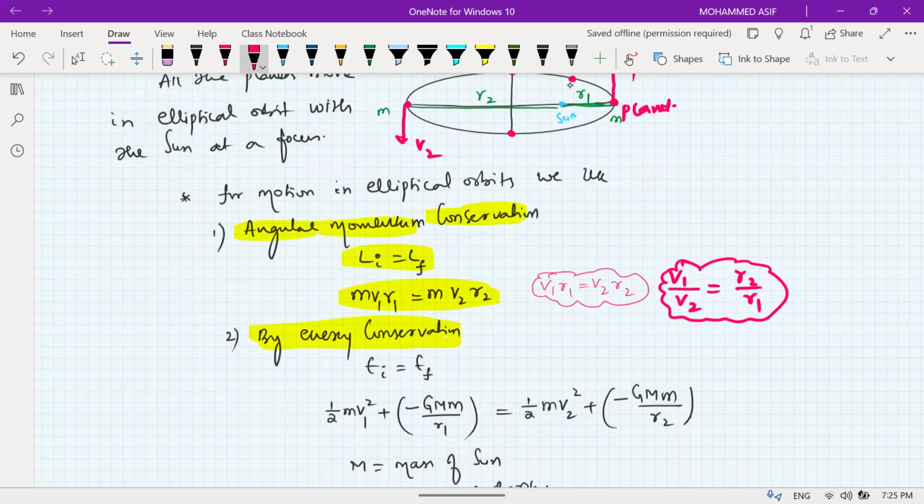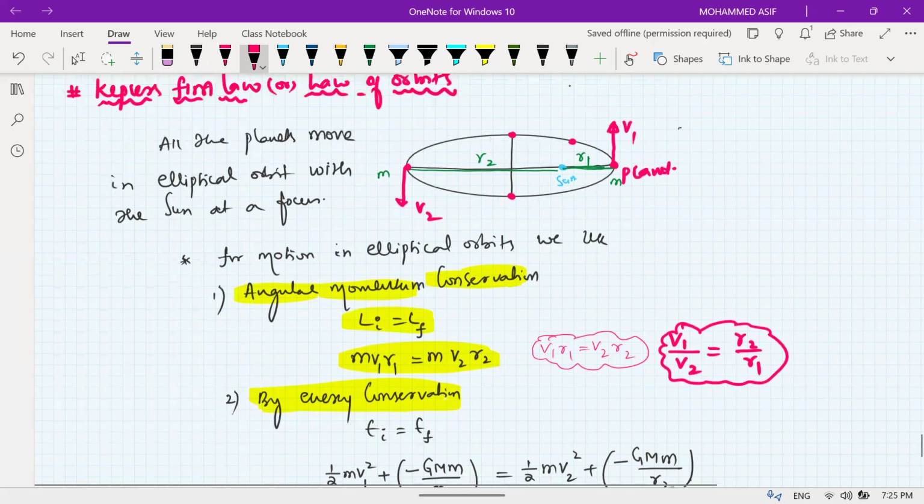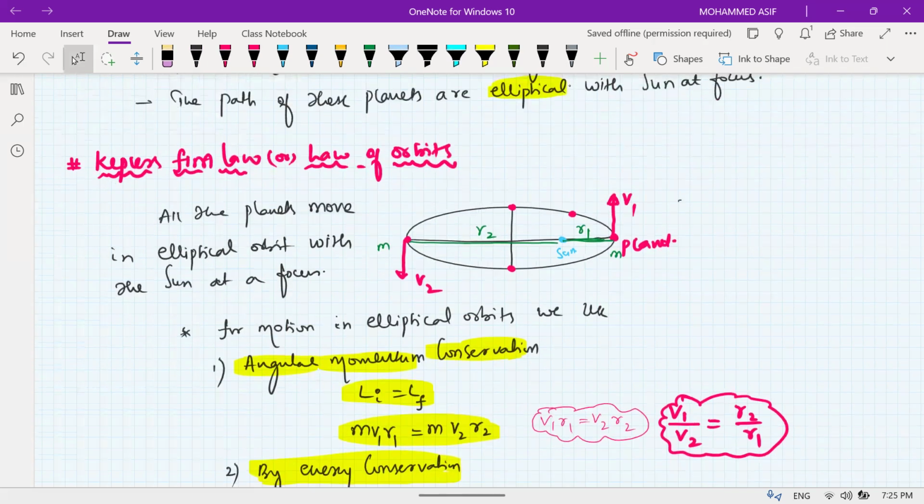If the planet is very far, the distance is known as aphelion. If it is very near, that will be called what? Perihelion. Am I clear? If the sun and the planet are nearer, the distance r1 is known as perihelion.